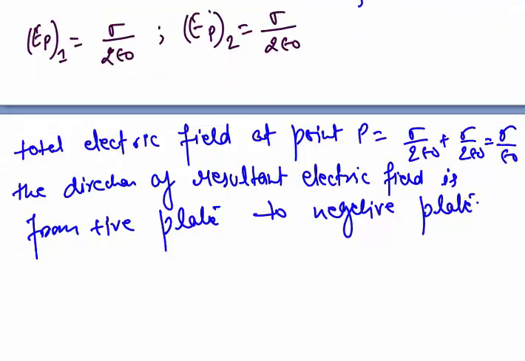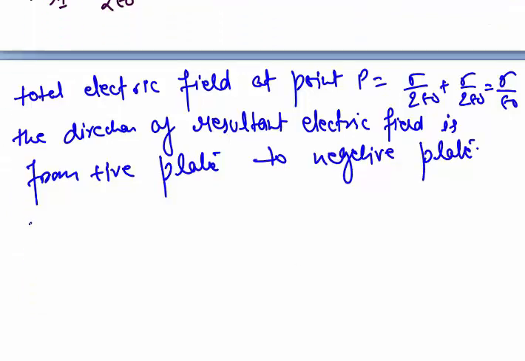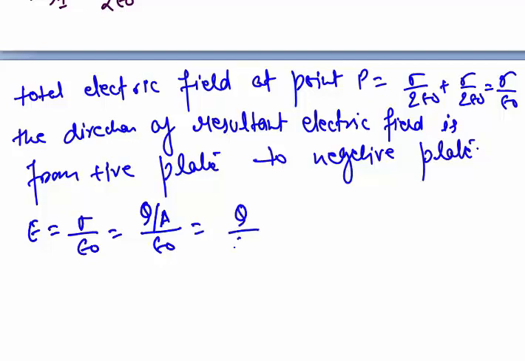Now E is equal to sigma by epsilon. Sigma is charge divided by area, so E equals Q by A epsilon. It implies Q can be written as E into A into epsilon.